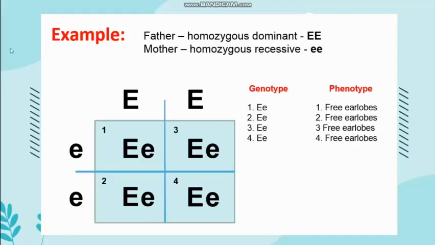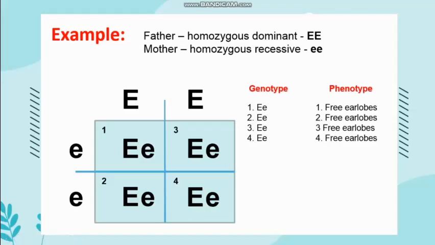Because as you can see, based on the letters, you have the capital letter E present, which represents the dominant allele. Based on Mendel's laws of inheritance, once the genotype contains the dominant allele, the dominant trait will be expressed by the offspring. So in our case, the dominant trait, which is the free earlobe, is the trait of the offspring. All of them have the dominant allele, so they have the dominant trait.